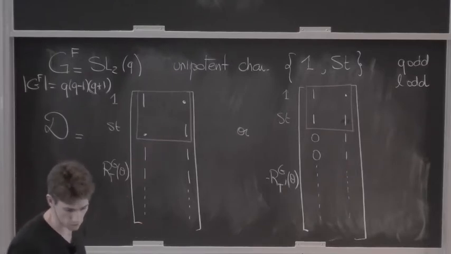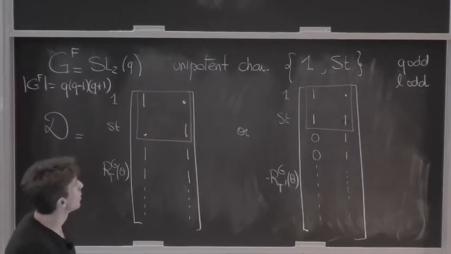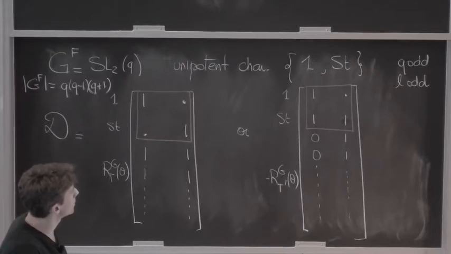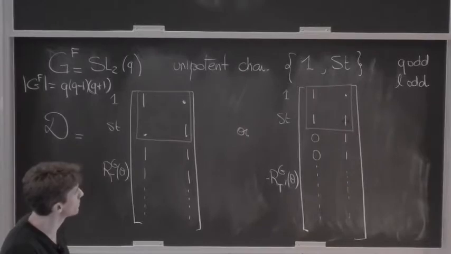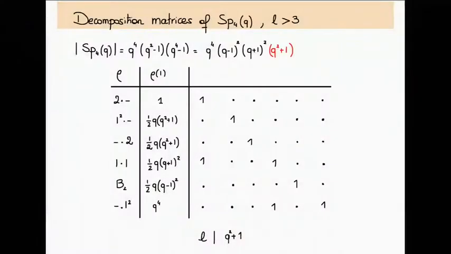When L divides q plus 1, it becomes more complicated. You can see there are many entries which are non-zero now. And for L dividing q squared plus 1, you just get 1s in the entries because it's a cyclic defect. That's a general phenomenon as well. It's not very difficult to compute this one.